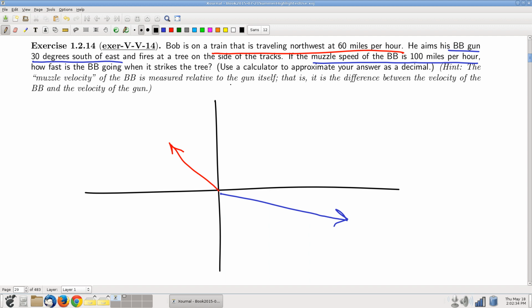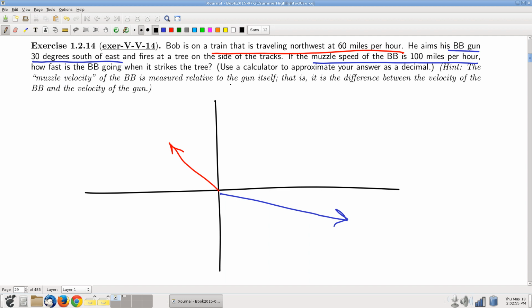But if the train's doing 60, then you're actually doing 60 plus whatever your stroll is. The same kind of thing is going on here. The gun is on the train. The gun is fixed relative to the train, but the BB is moving relative to the gun. And, of course, the gun is attached to the train, which is also moving.